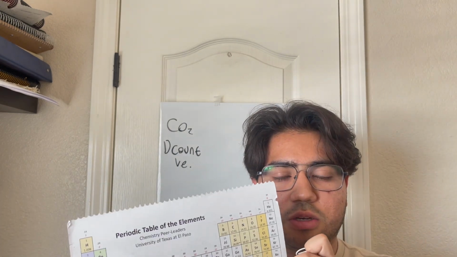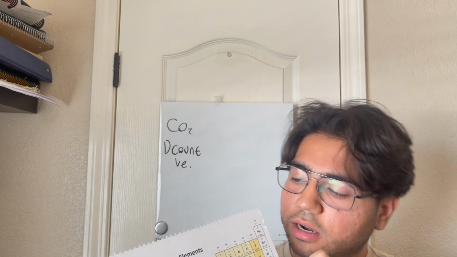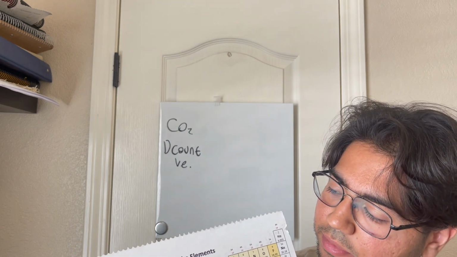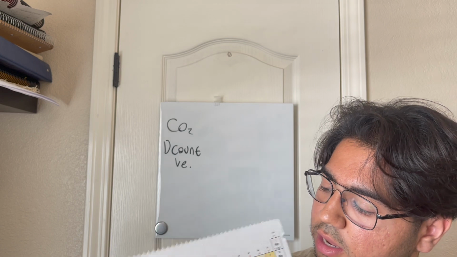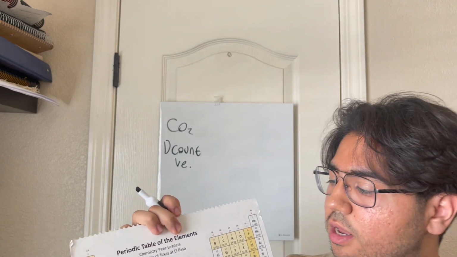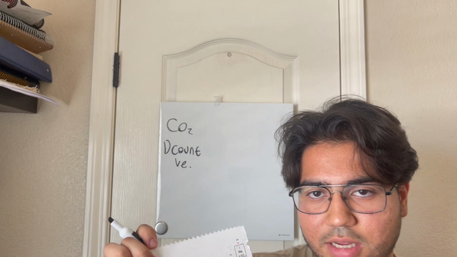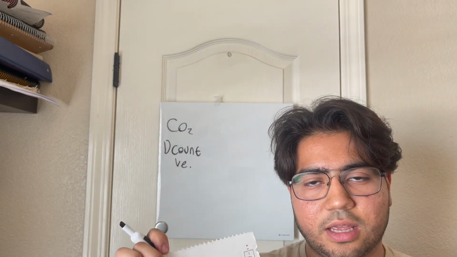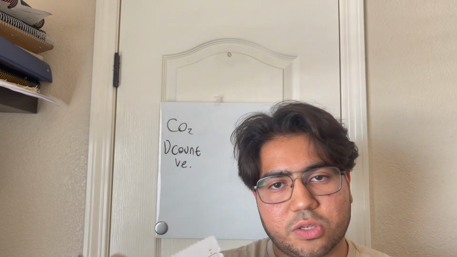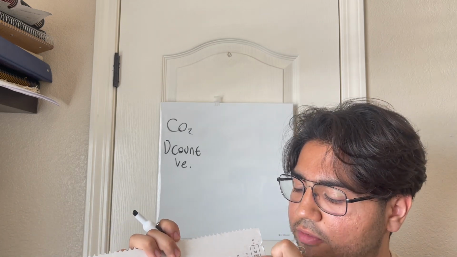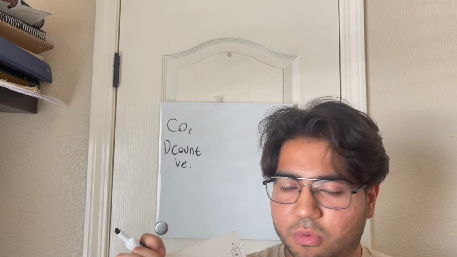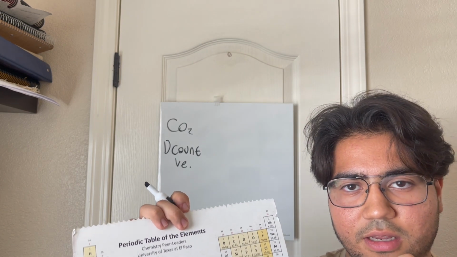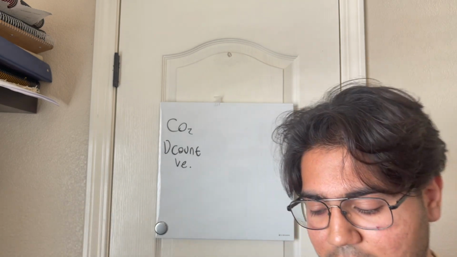Okay, so counting from hydrogen, we have 1, 2, boron is 3, carbon is 4, nitrogen is 5, oxygen 6, fluorine is 7, and then helium is 8. Now it's not just those elements, it's the whole group, right? The whole group of oxygen has 6, the whole group of boron has 3. So that's how we find the valence electrons.